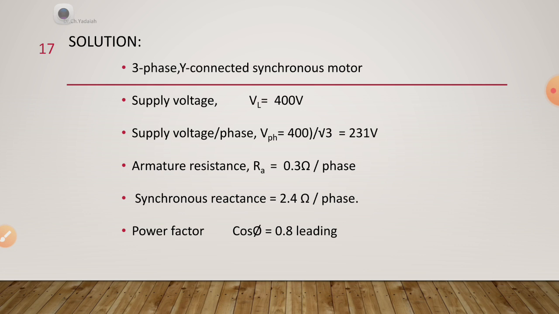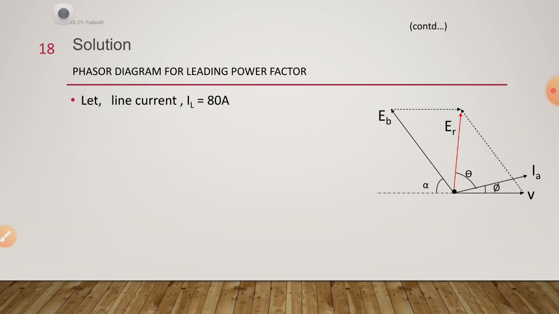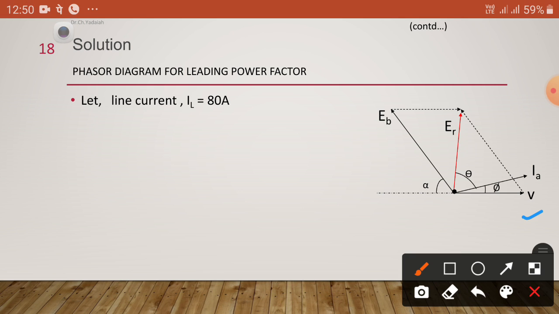From this one phi we are going to calculate. Phi is equal to cos inverse of this value, we are going to get 36.87 degrees. Now draw the diagram. Leading power factor, we know that V is leading by angle of phi.